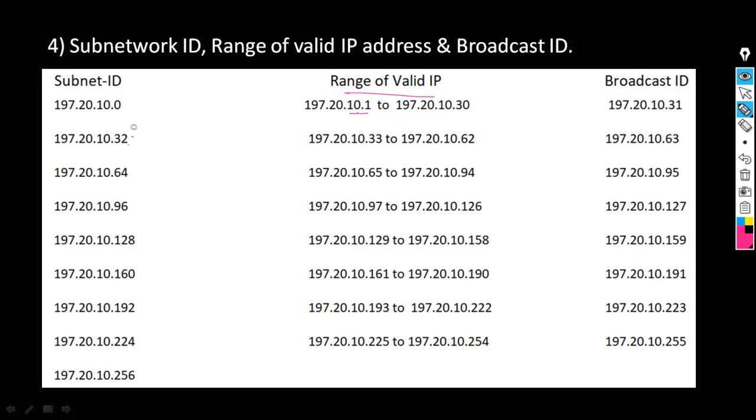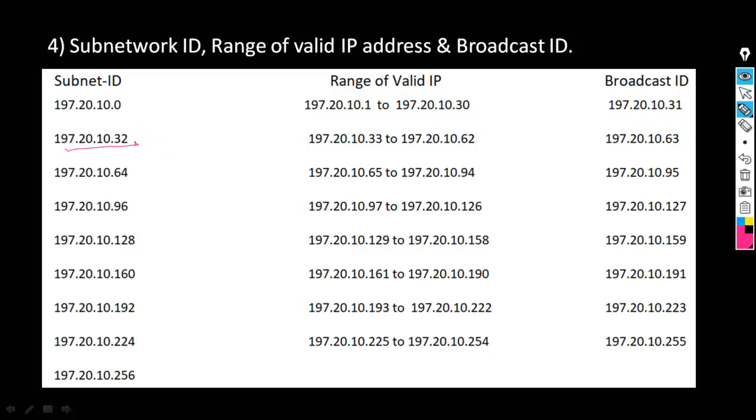Our second subnetwork is 197.20.10.32. So we will subtract 2 from this IP because we have 2 IPs reserved, one for the network ID and another for the broadcast ID. By subtracting 2 from this, we will get 197.20.10.30, and this will be reserved for the broadcast ID, that is 197.20.10.31.